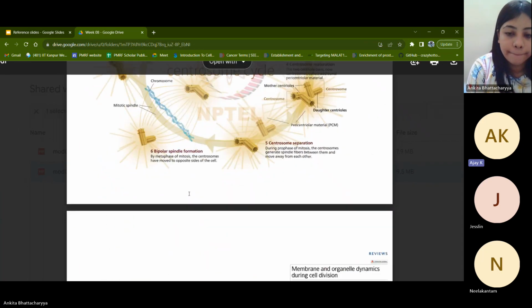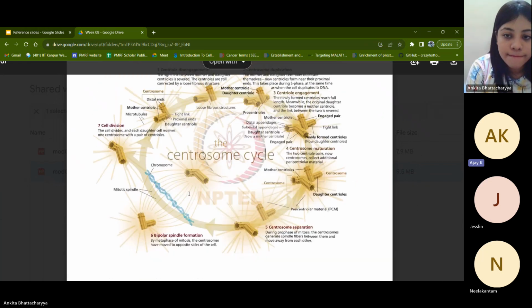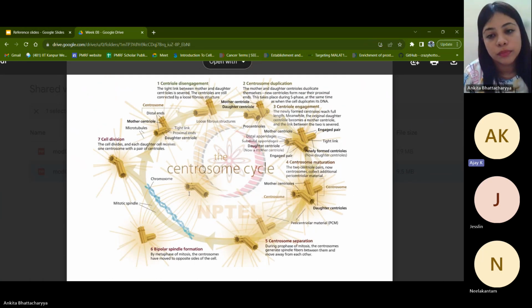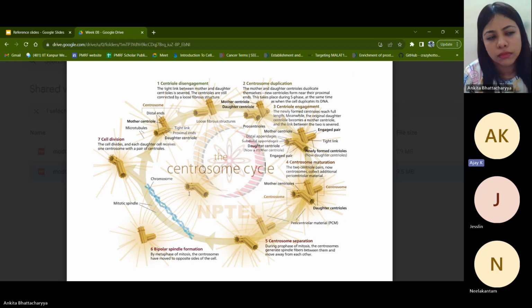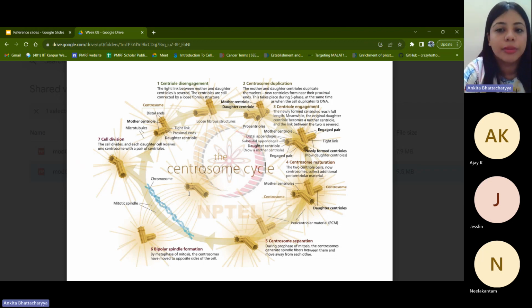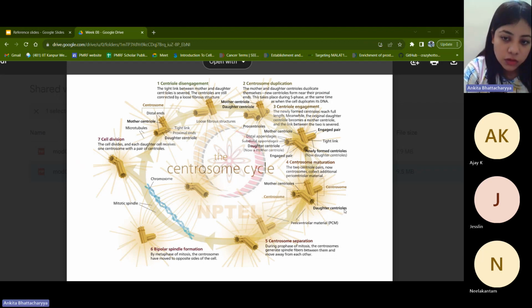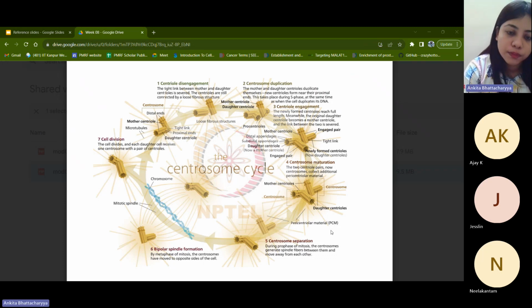Madam, my specific question is that sperm, along with the DNA material, carry only centrioles, not the centrosome, to the ovum. That's why I was confused. So, okay, they can gather pericentriolar material from the ovum, maybe. That is possible. Because we are not talking about sperm and fertilization here.